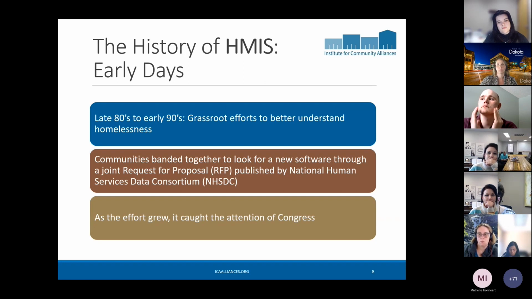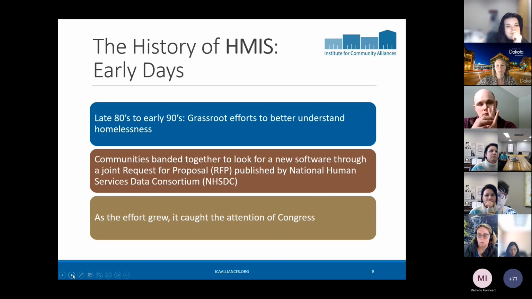Those communities banded together and started to look at new software through a joint RFP, a request for proposal, published by NHSDC, a separate nonprofit that does a lot of work with HMIS, HUD, and things like that. They have a conference every year.